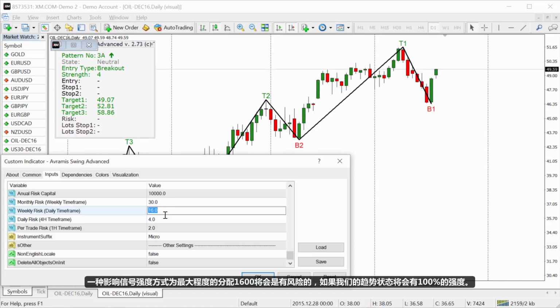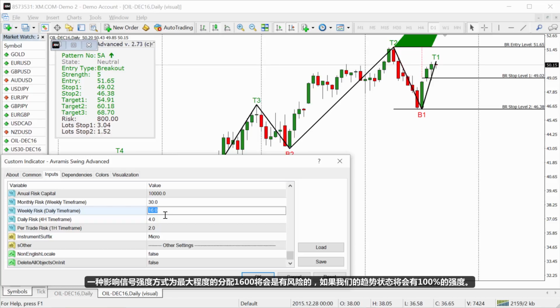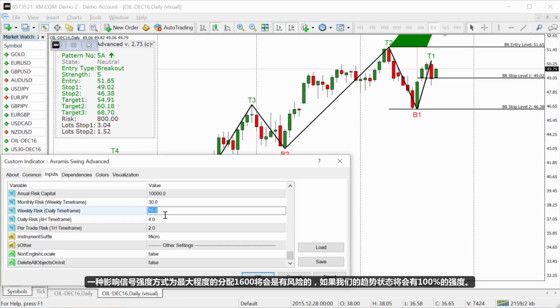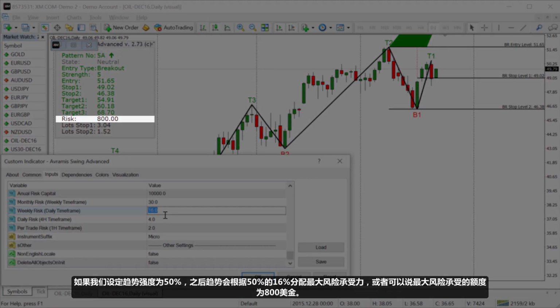One way that this is affected by the strength of the signal is that the maximum allocation of $1,600 will be risked if our trading scenario has a trading strength of 10 out of 10. If, for example, our trading setup is 5 out of 10 trading strength, then the trade is allowed to risk a maximum of 50% of that 16%, or in other words, $800.